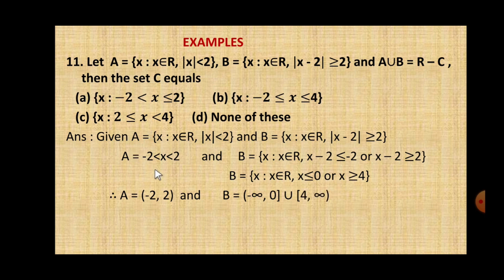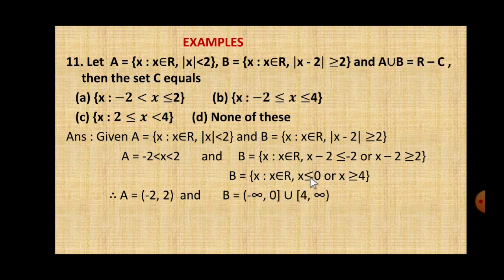The first for set A, x is greater than minus 2 and less than 2, that one we can convert in terms of interval, that is open interval minus 2 comma plus 2. And set B is, see here, x is less than or equal to 0 or x is greater than or equal to 4. So x is less than 0 means up to minus infinity.